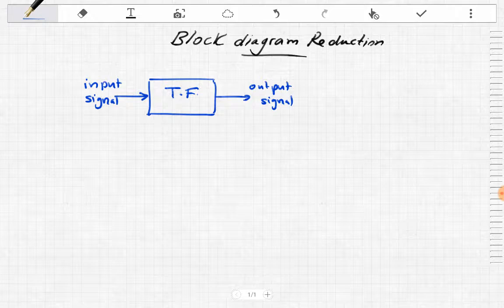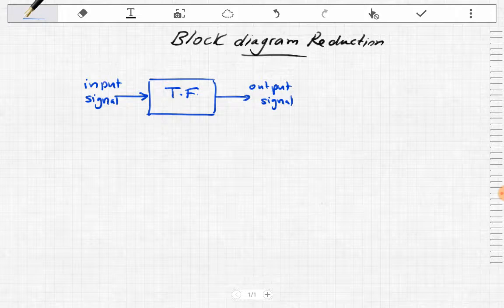Okay, so that's a block diagram for one function, for one device, for one system. But usually a complete system consists of many blocks, and the way that they are interconnected may be a little bit complicated or very complicated.